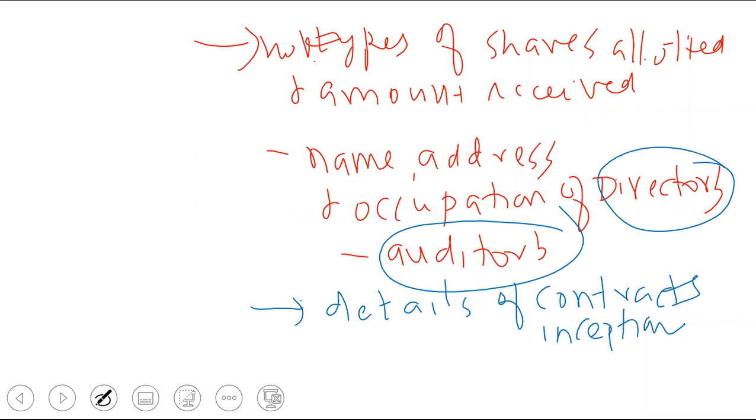So you should know when the assignment was assigned to the company and how far it has been done, whether it was completed on time. Because these are all foreign assignments. If you do not complete it in time, then naturally the second time the company will not get such a type of contract. So all these things will be reflected in the statutory report of the company.